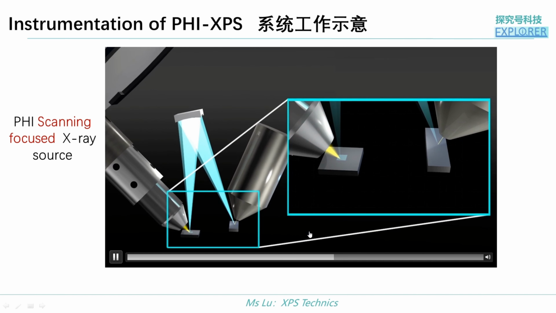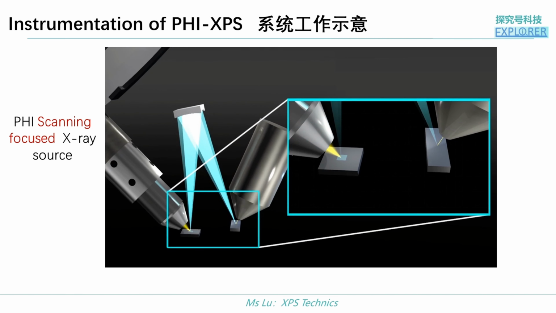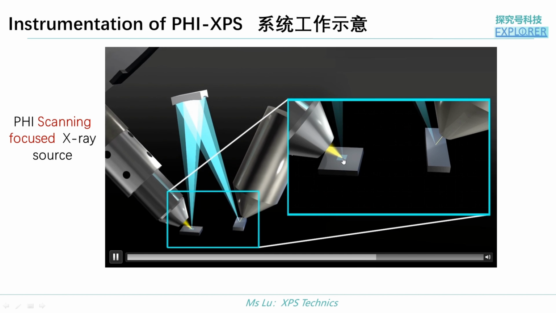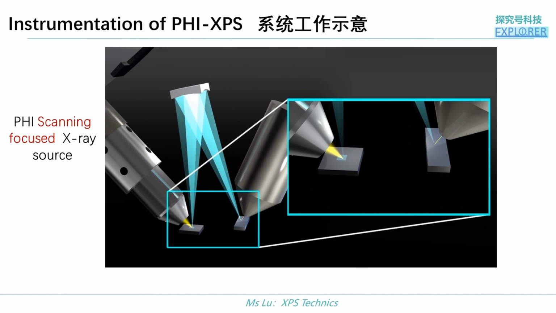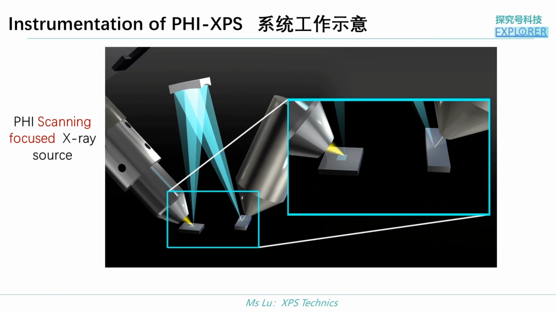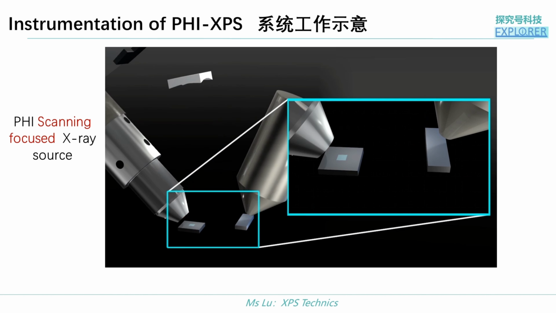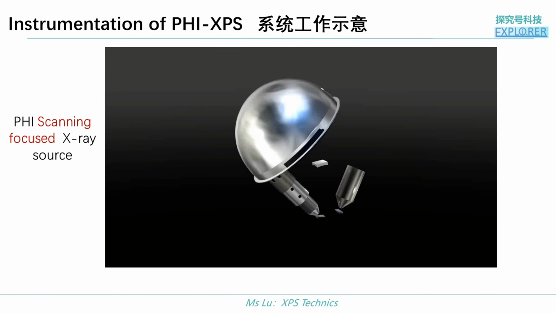We can see that the X-ray source is a focused beam on the sample surface, and the scan frequency, beam size, as well as scanning area are strongly related to the electron source. So, what are the advantages of this design?